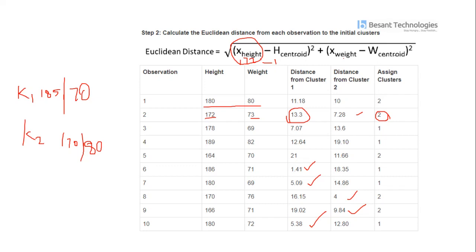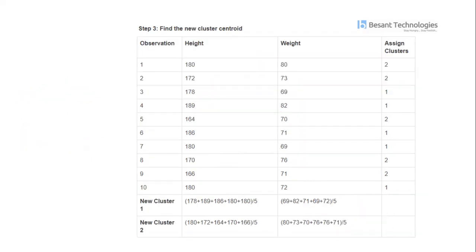After we apply the clusters, we again find the new cluster centroids. For new cluster 1, I take all these data points for height and weight, divided by 5.